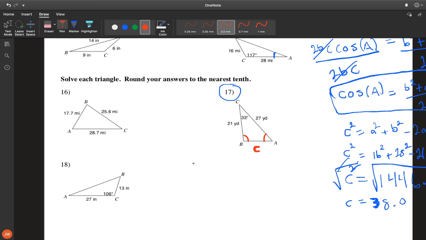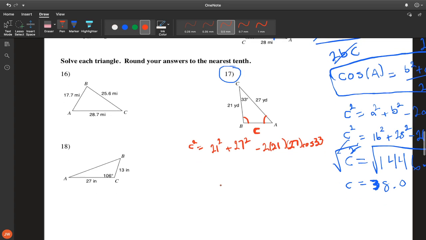So C squared is equal to A squared, which is 21 squared, plus B squared, which is 27 squared, minus 2 times A times B cosine of angle C, which is right here, 33. Now, I'm going to plug this into my calculator. I'm going to solve 21 squared plus 27 squared minus 2 times 21 times 27 times cosine 33.